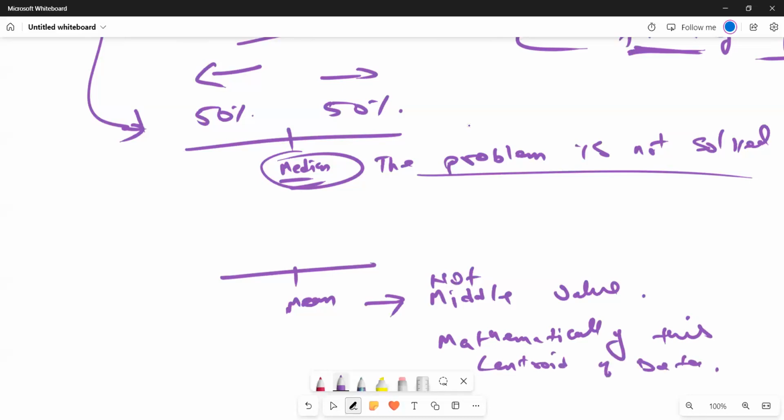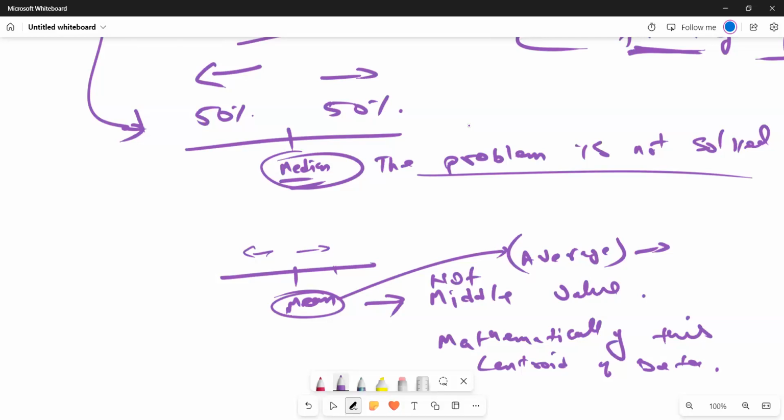If you take all the distances of all the data points from the mean towards the left and towards the right, you'll end up getting the mean of the data, right? This is the average value. Shifting it to the average value will always solve your problem of bias.